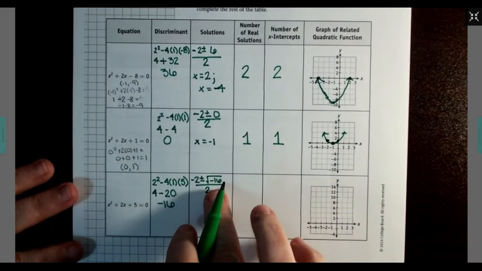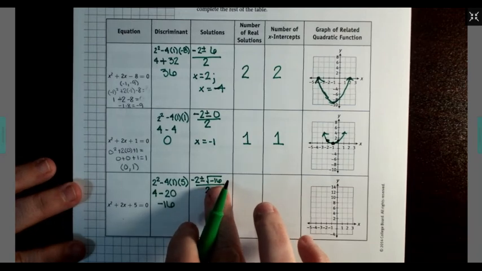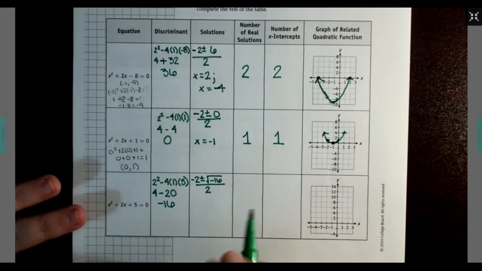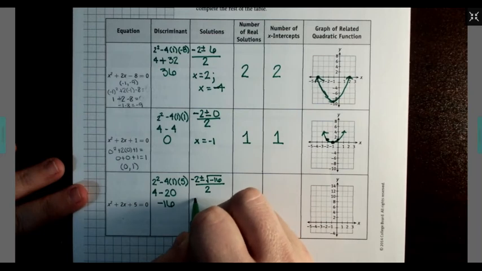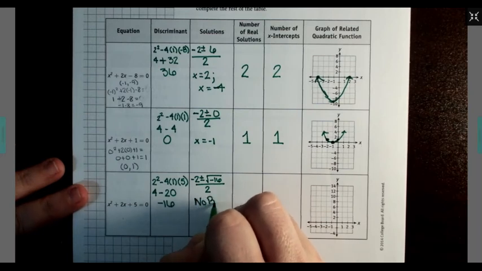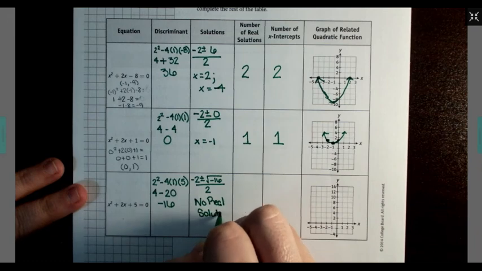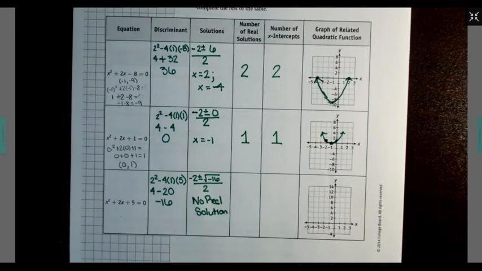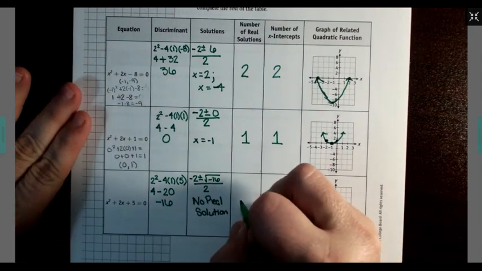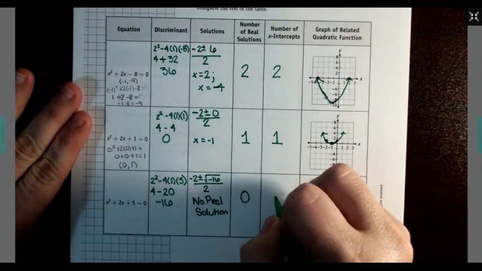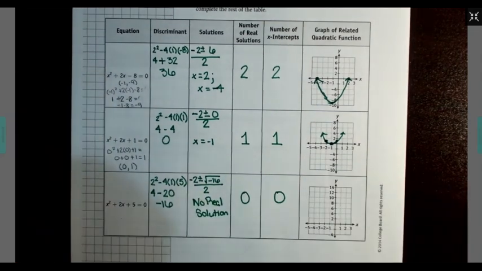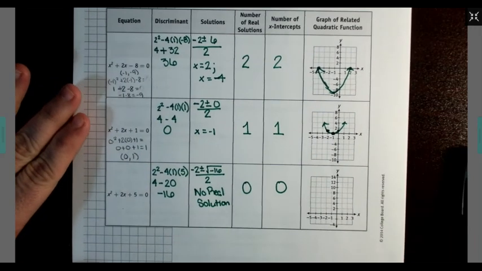My problem is I can't take the square root of negative 16. So this would actually be no real solution. So there would be 0 real solutions and 0 x-intercepts.